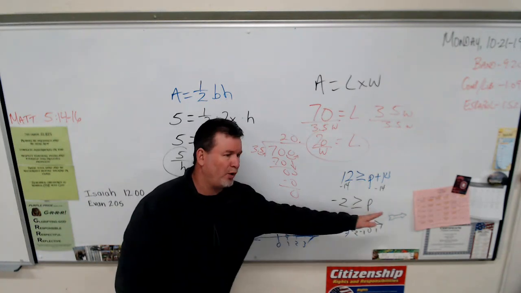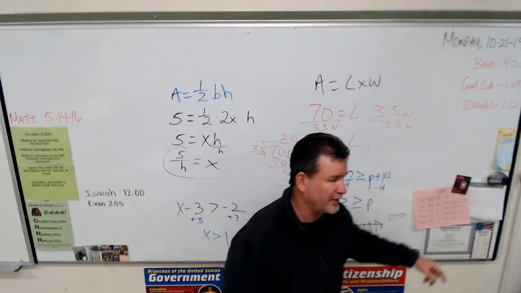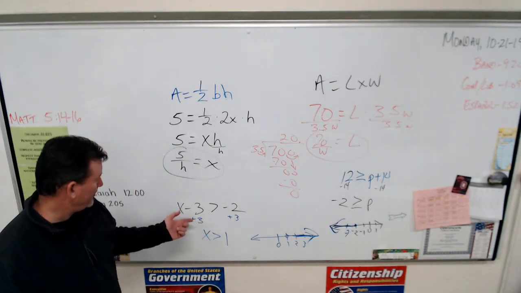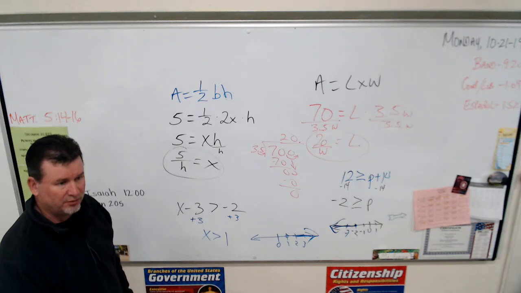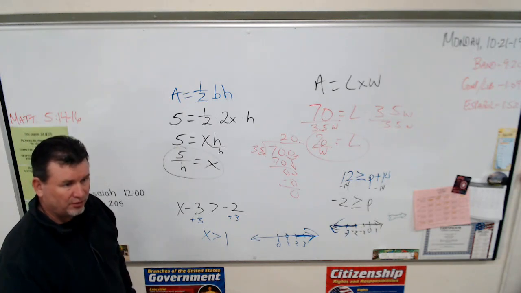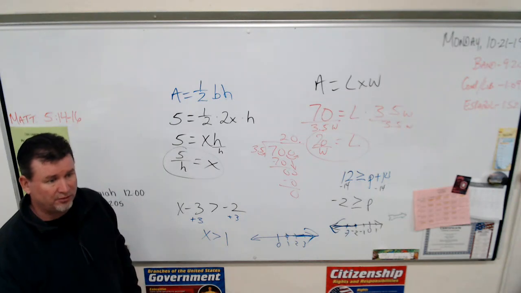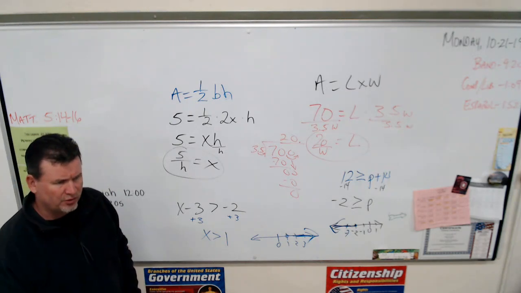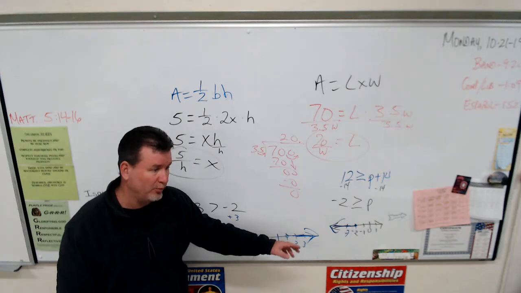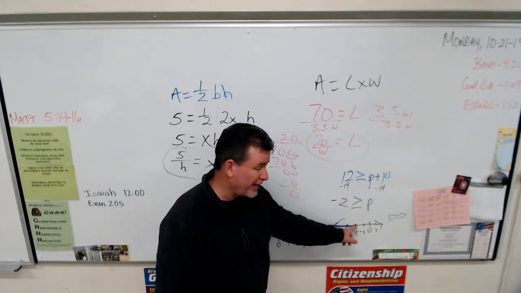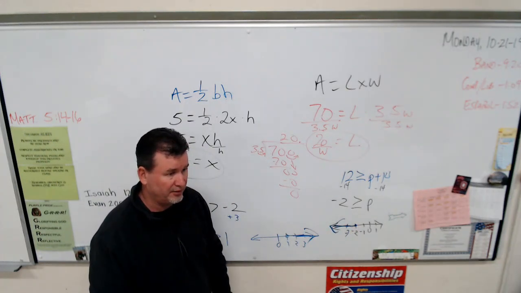Everything that's greater than 1, 1 million fits that. If I put 1 million in there for x, it would be true. If I put 1.1, it would be true. So there's no closed circle. It has to be greater than 1. Here, it's negative 2 and everything less than that.